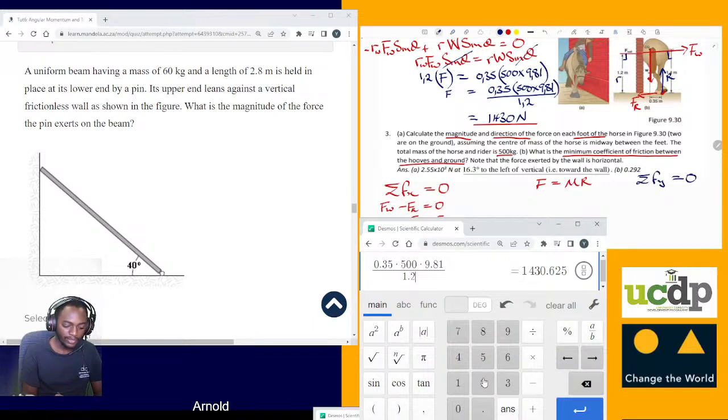And if you look at the forces, we have a reactional force in the positive direction and the weight in the negative direction, pointing downwards, which means the reactional force is equal to the weight, which means the reactional force is equal to 500 times 9.81. That would be the reactional force.